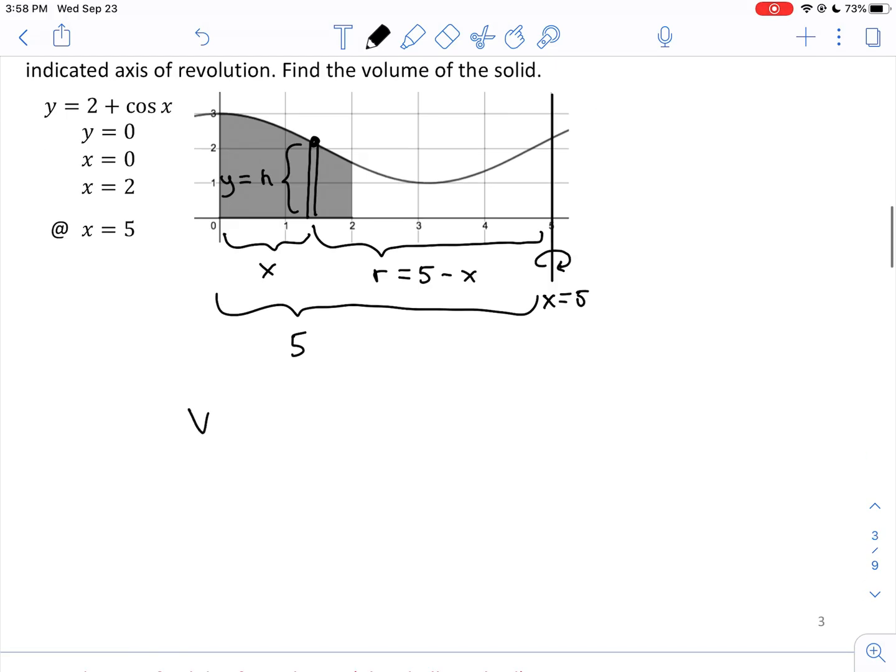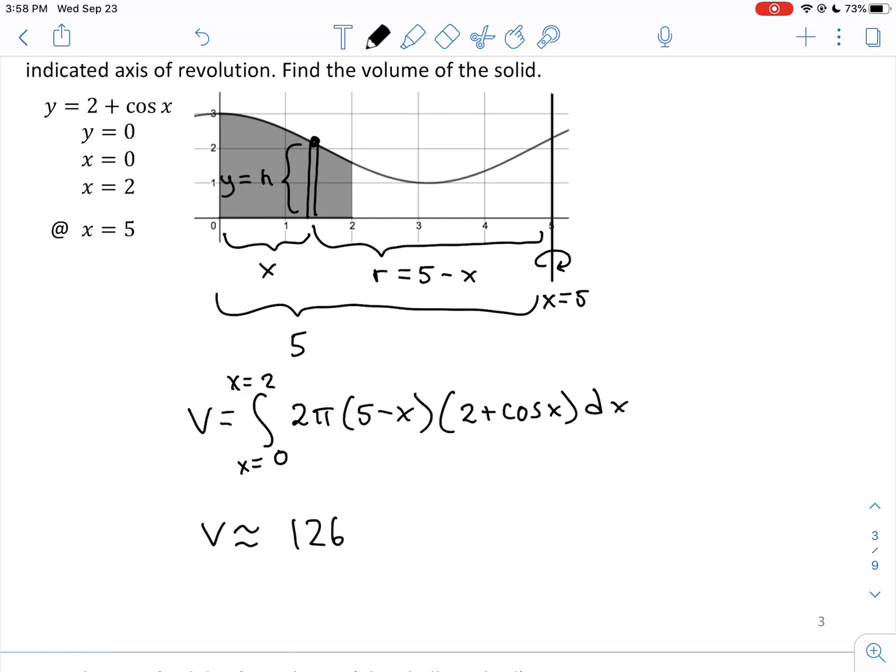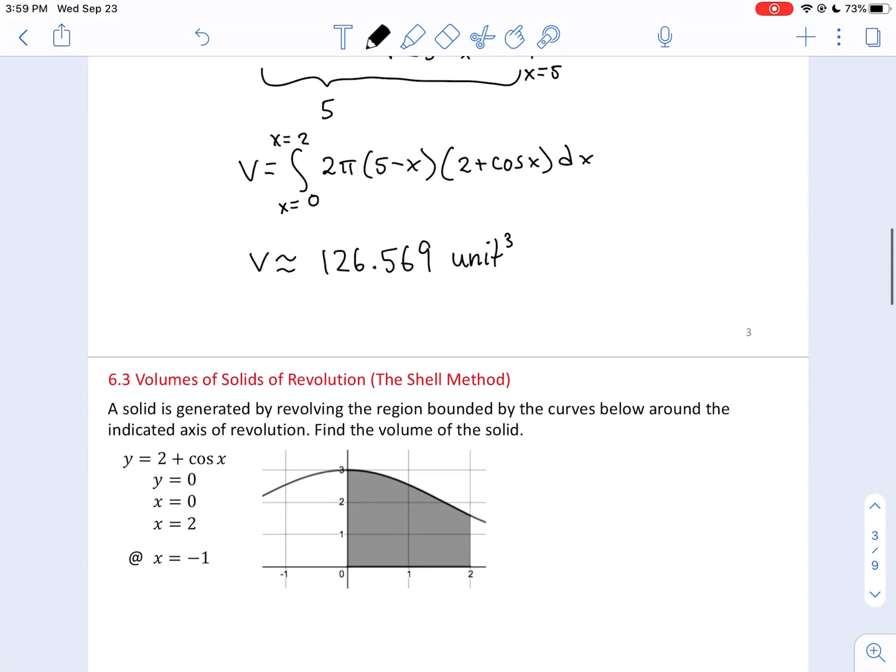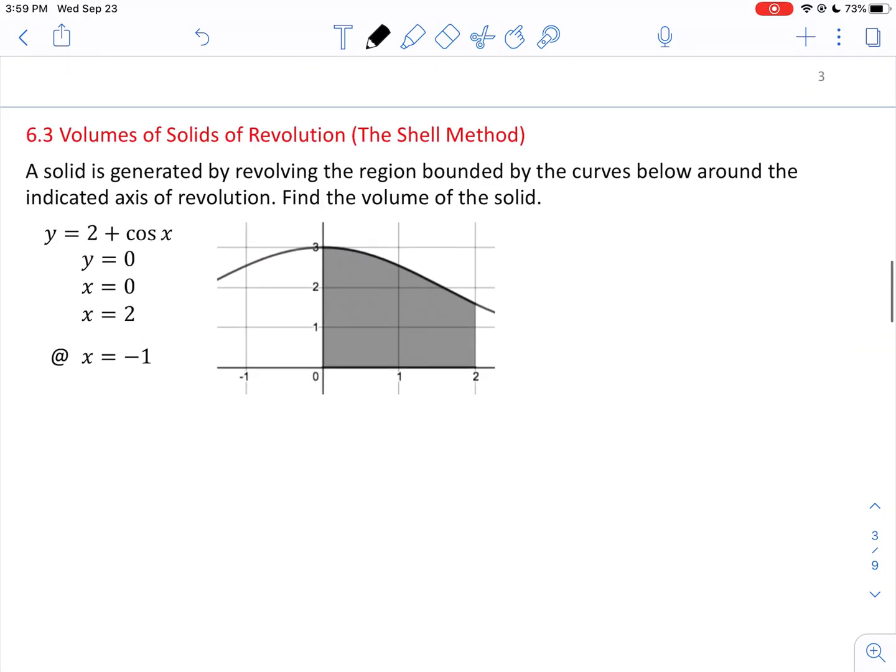So we're still going to do the volume is equal to an integral from 0 to 2 of 2 pi times r, which is 5 minus x, times h, which is the y-coordinate, 2 plus cosine of x, and then times dx. You wind up getting, in this case, 126.569 cubic units.